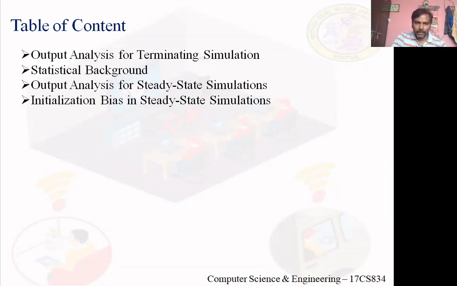I repeat, I have developed a model and given it to a client stating its point estimate, which we have discussed in an earlier session, to be some X. When he runs that model, he will find the performance to be X plus some 0.5 or 0.2, meaning there's some deviation from what I stated.